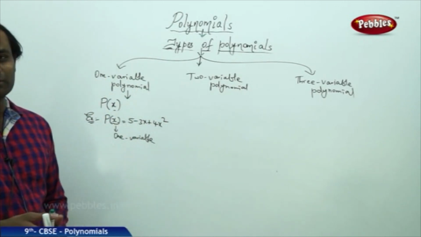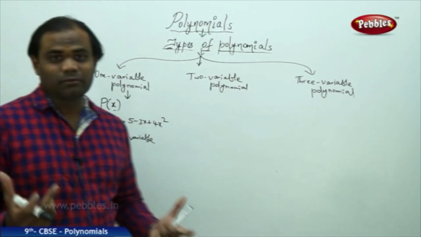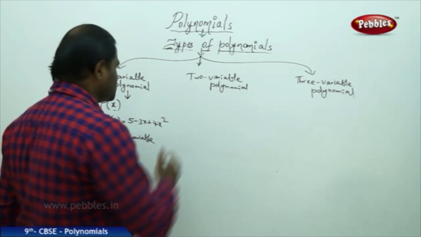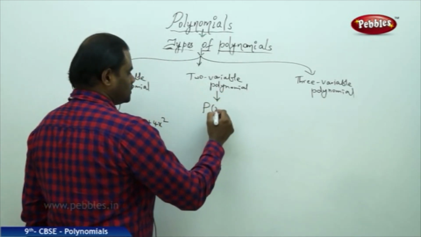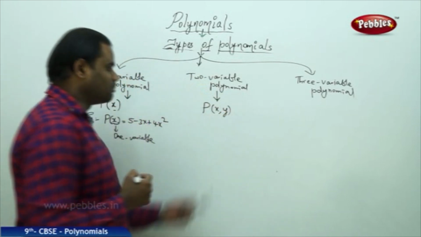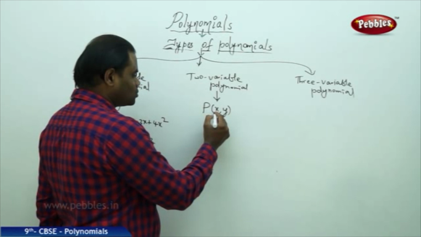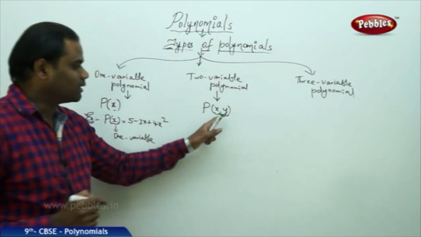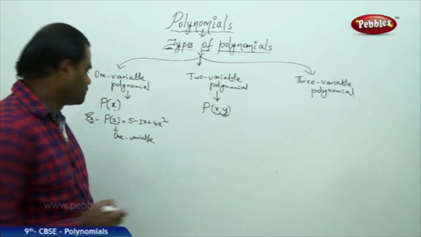What is a 2 variable polynomial? It follows the same manner as we have defined for 1 variable polynomial. That is, if I have a 2 variable polynomial generally denoted by p of x comma y, then we clearly identify that there are two variables x and y in case of the polynomial p of x comma y.